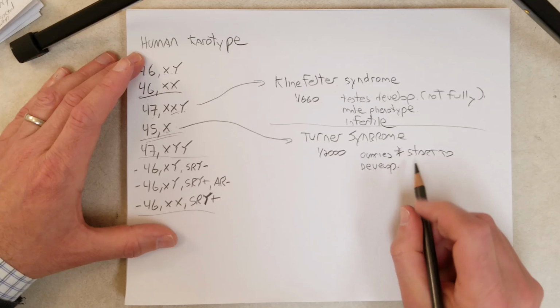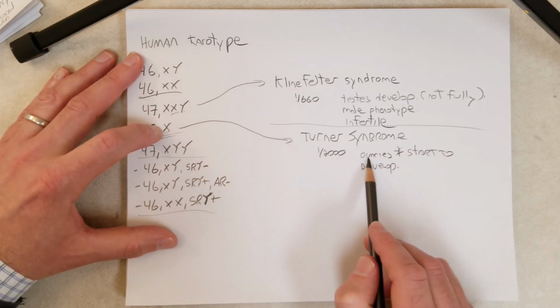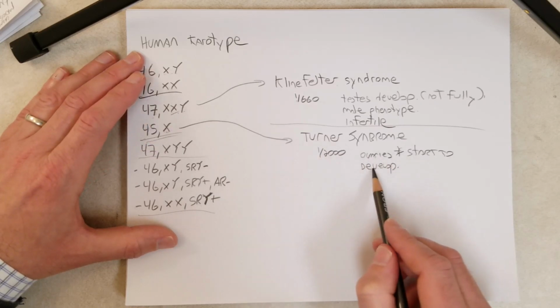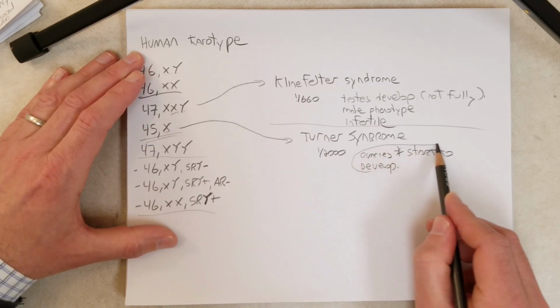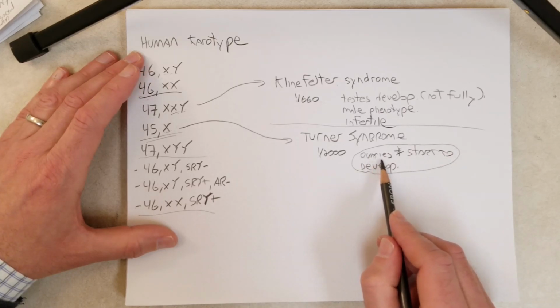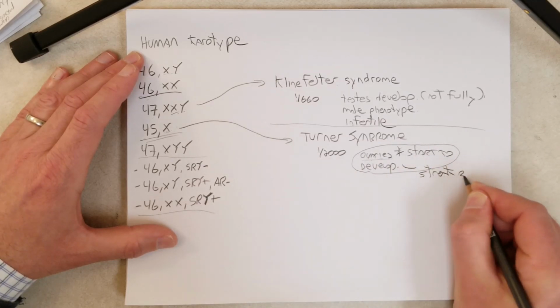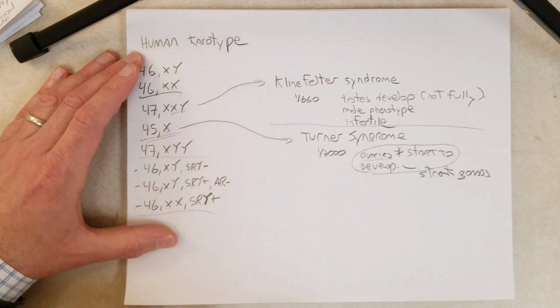And it might be the failure of the X chromosome here to pair with another X chromosome that causes meiosis to abort, and then that feeds back and causes the ovaries to stop developing. And this is where we get the streak gonads developing.